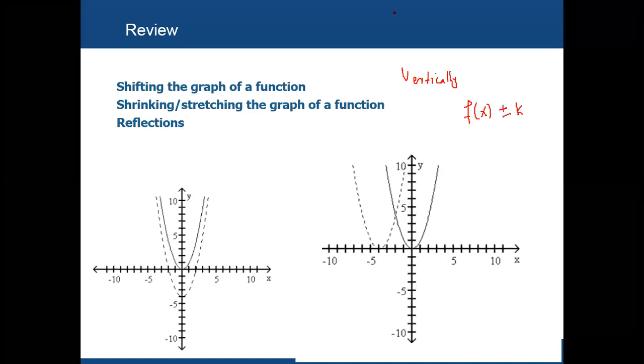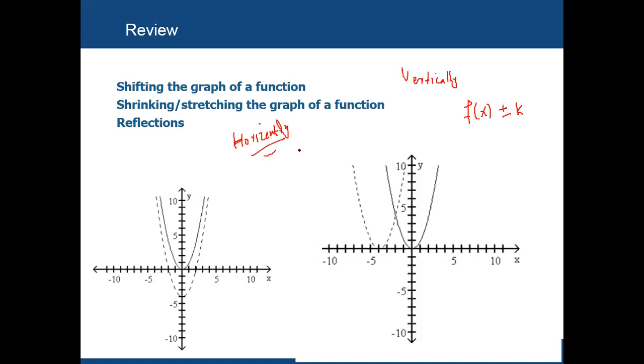With plus you can shift the graph upward, and with minus you can shift it downward. For horizontal shifting, we replace x with x plus 1 or x minus 1.